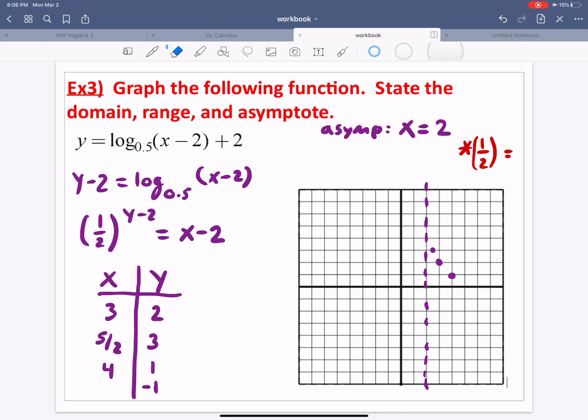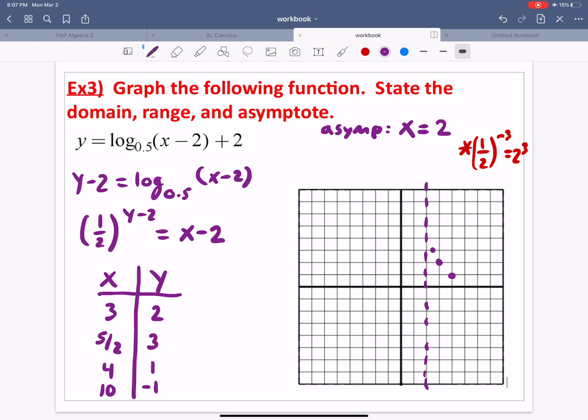Now I'm taking 1/2 to the negative 3rd power. That turns into 2 to the 3rd power because we take the reciprocal and then the exponent becomes positive. So 2 to the 3rd power gives me 8. 8 plus 2 more gives me 10.